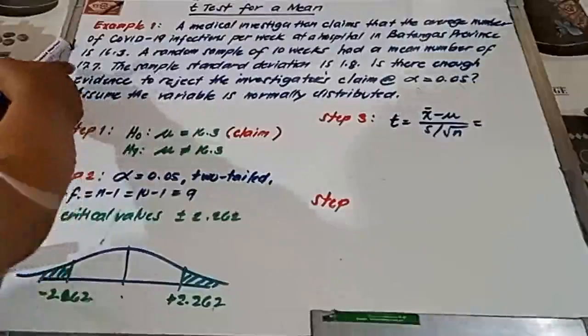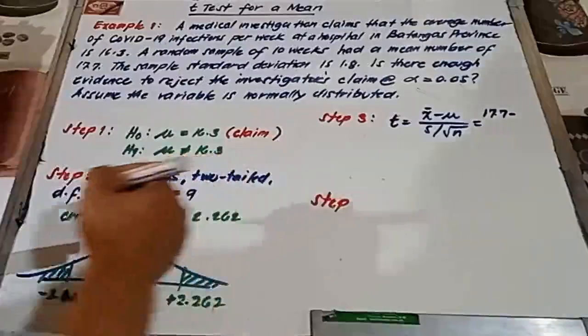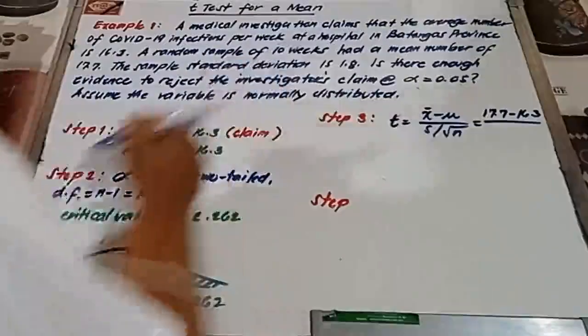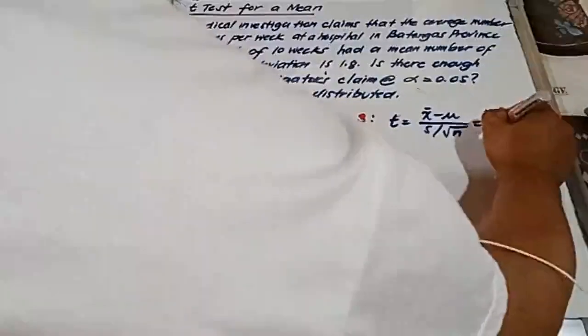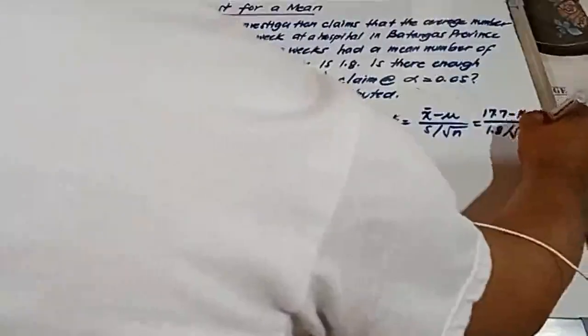X bar is 17.7. Ang ating tinetest, hypothesized population mean, 16.3. Ang ating sample standard deviation is 1.8 over square root of 10, which is our sample size.